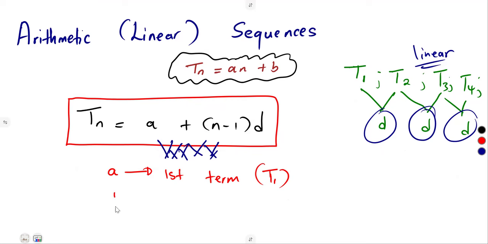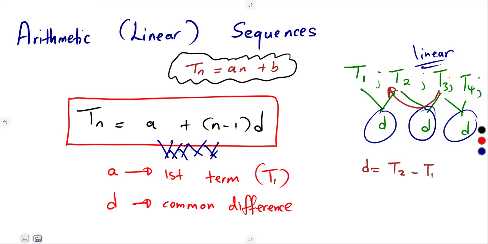The D represents the common difference for the given arithmetic sequence. So we've got the common difference here, which is taken from where? The difference is T2 minus T1. So you can say D is equal to T2 minus T1. Someone can do this by finding T3 minus T2. It is the same thing.